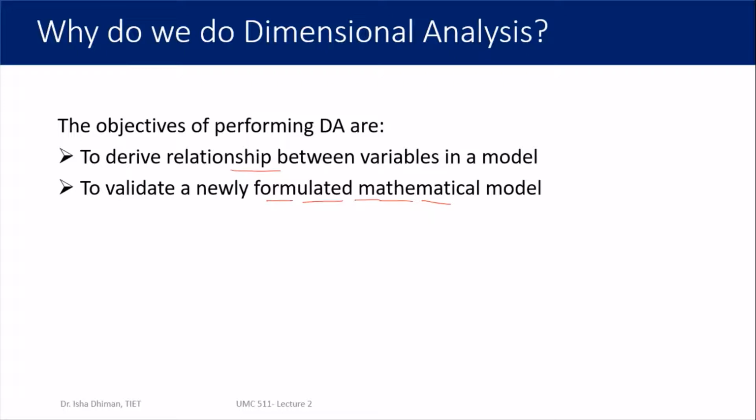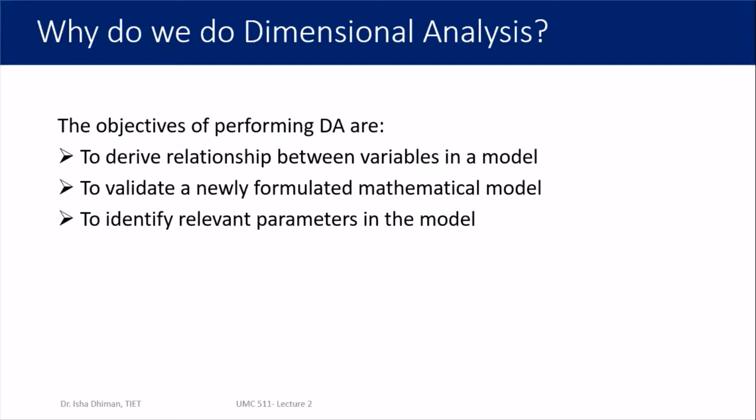The very first thing you have to do is perform dimensional analysis over your mathematically formulated model to see whether that equation is dimensionally correct or not. Because if it is dimensionally incorrect, then nothing else is going to work. So that's another application of dimensional analysis.